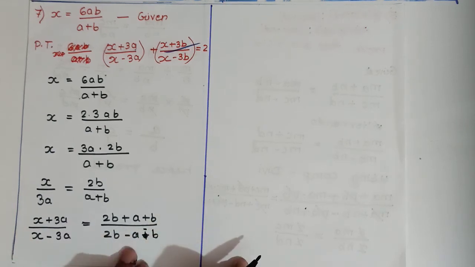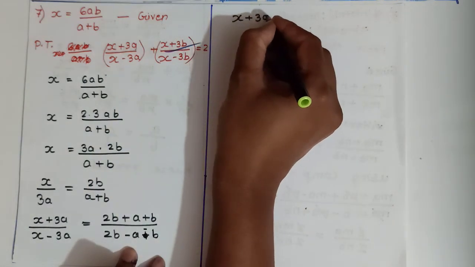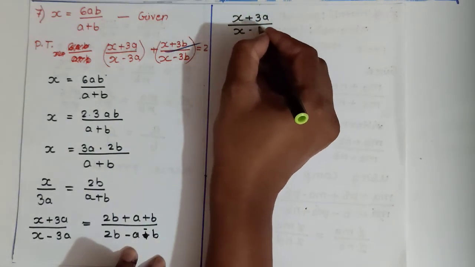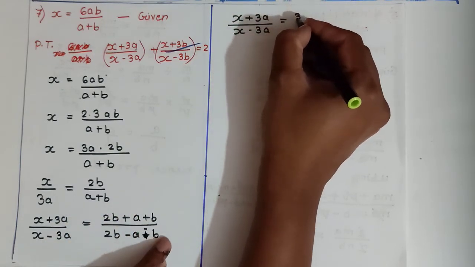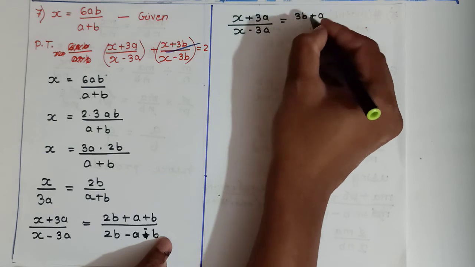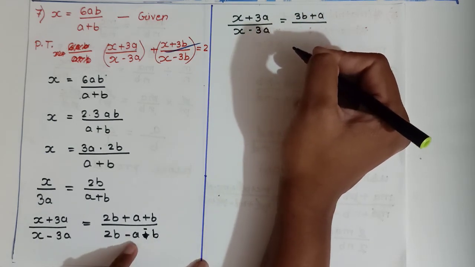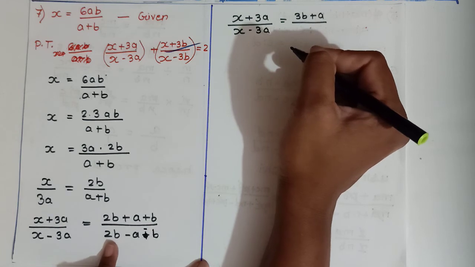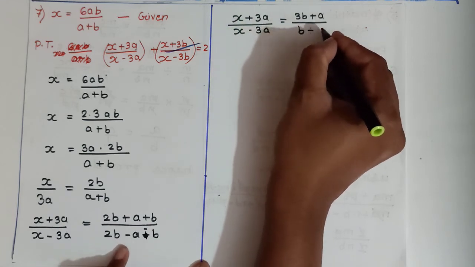So now x plus 3a divided by x minus 3a equals 2b plus b means 3b plus a, and here 2b minus b means b, minus a.